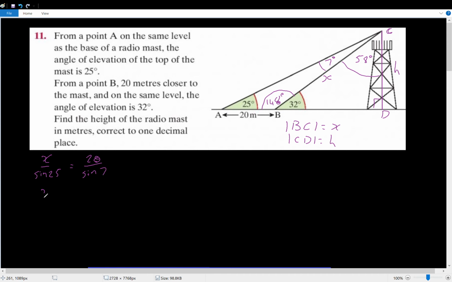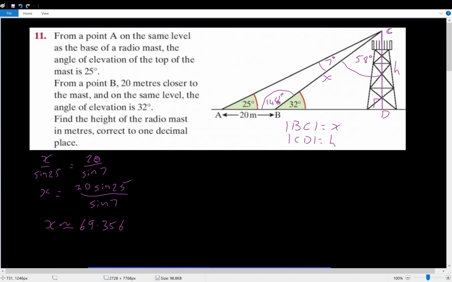Which means that our x is going to be equal to 20 sine 25 all over the sine of 7. So x is going to be approximately equal to, we're going to round this to 3 decimal places, 69.356, like that.